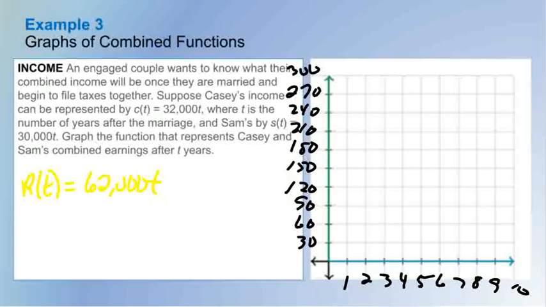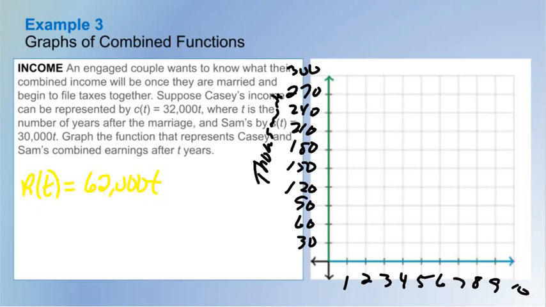Now these numbers here on the side, so like the y-axis, these would be in thousands. This would represent 30,000, 60,000, and so forth.